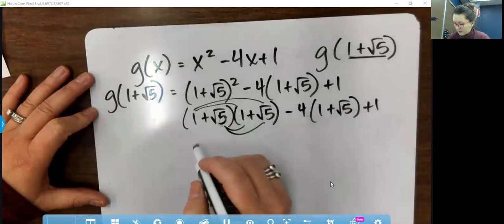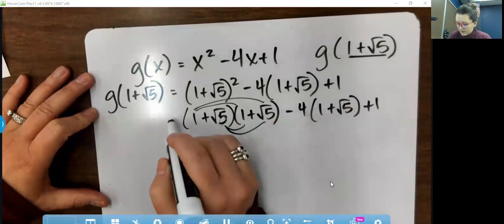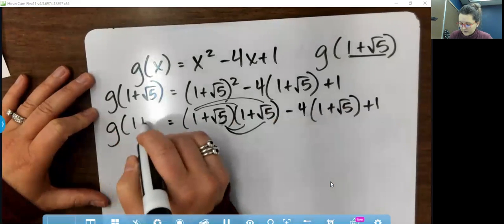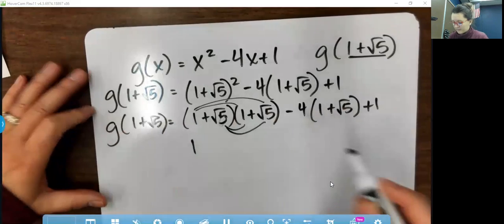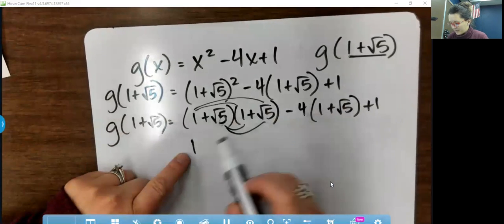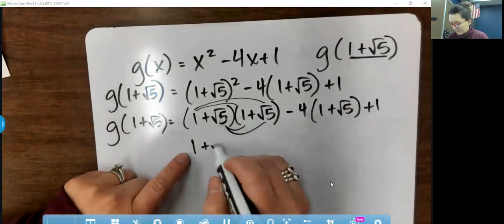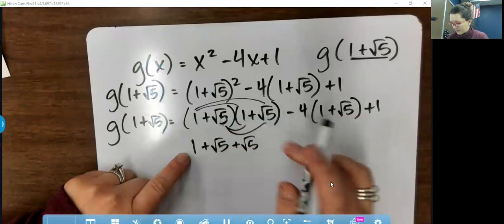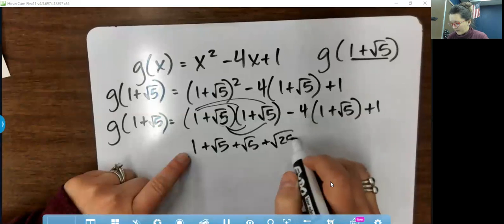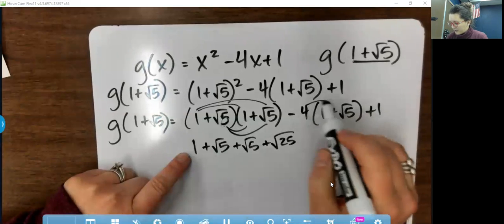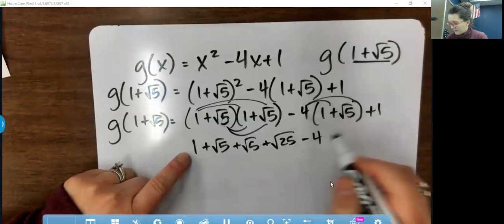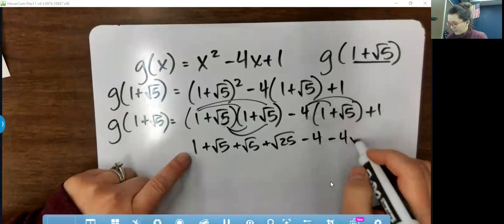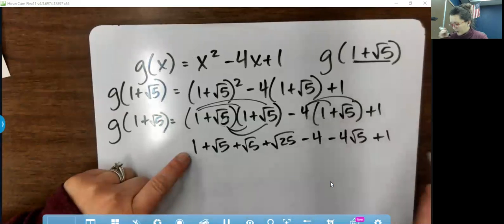I'm intrigued since last time was the 0. Who knows? All right, so 1 times 1 is 1. 1 times root 5 is root 5. Root 5 times 1 is root 5, and root 5 times root 5 is root 25. Now distribute our 4. Negative 4 minus 4 root 5 plus 1.